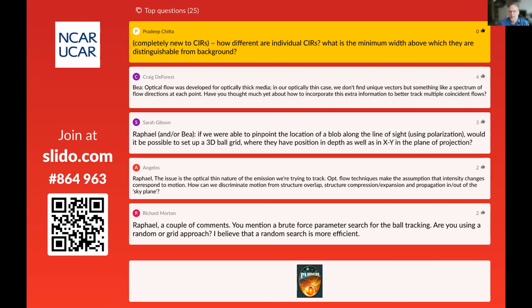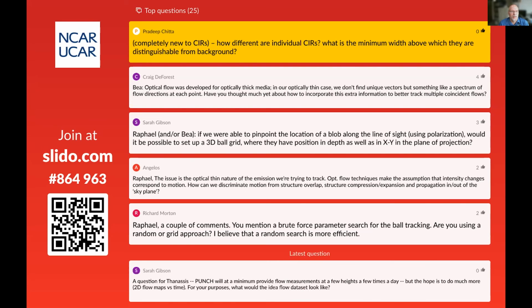They don't look very much like the smooth shell models that are drawn in the cartoons. They're much more irregular. There may be a large envelope that looks that way, at least in the ones I've looked at. Vic's looked at a lot more data than I have. But I would be shocked if it turned out that CIRs are entirely uniform.